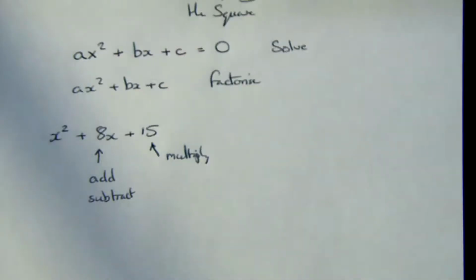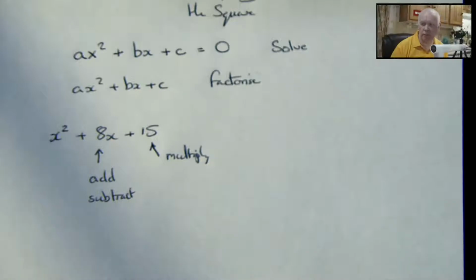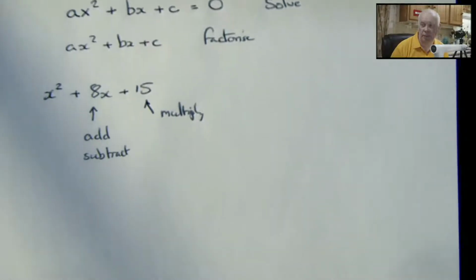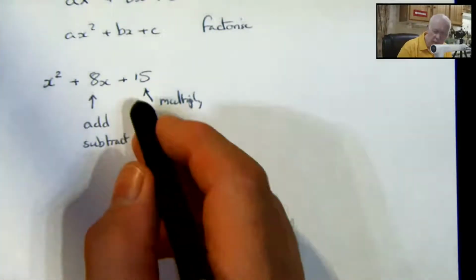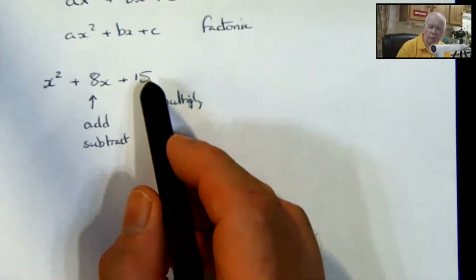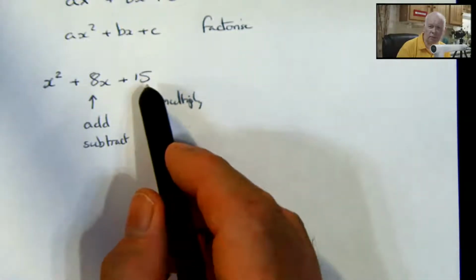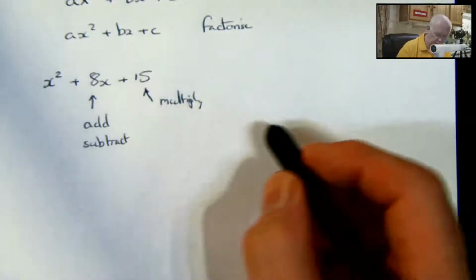Now, that's not bad, but quite often we're going to have a system whereby this is a paper perhaps that doesn't have a calculator, and you've got to try and show all your working. Let's see what we can do. We want some numbers that multiply together to make 15.